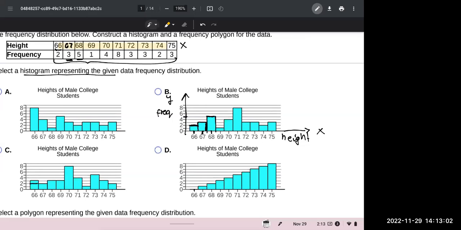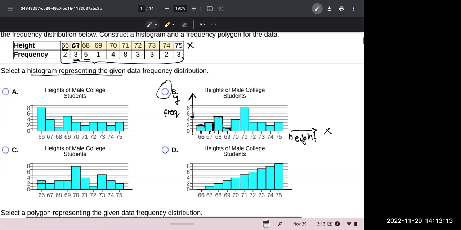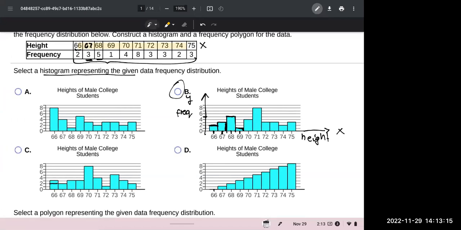It's correct. And 69, frequency is 1. Like you see, this is the correct solution, so the correct answer is B. You just have to match the frequency distribution table with the correct histogram. Just remember that height is your x-axis, and frequency is always the y-axis.